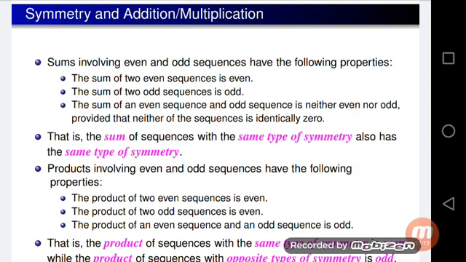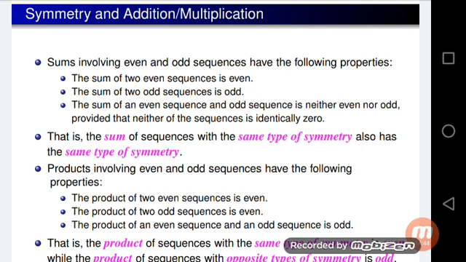Symmetry, addition or multiplication. Sums involving even and odd sequences have the following properties.